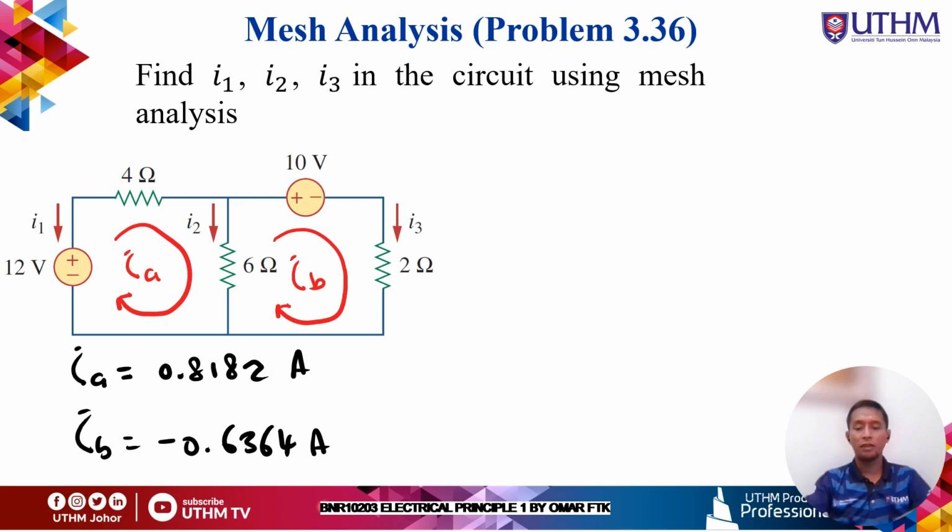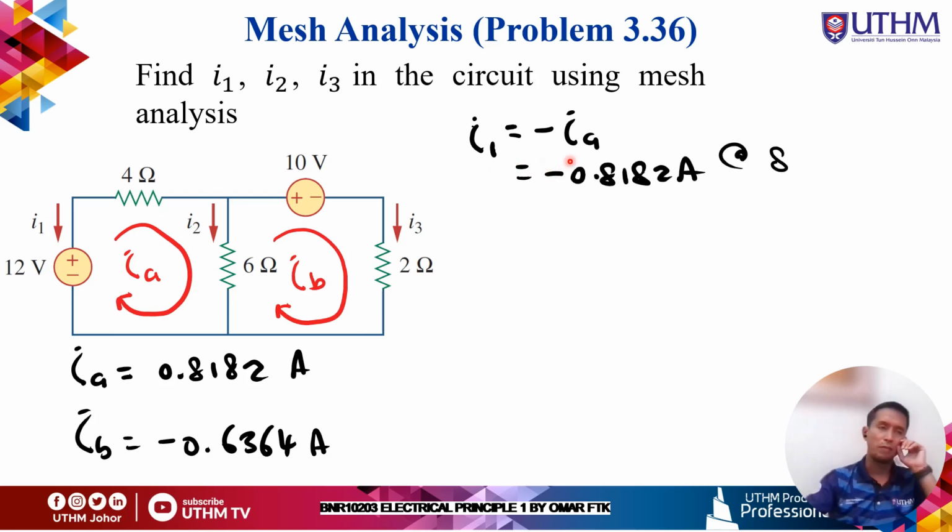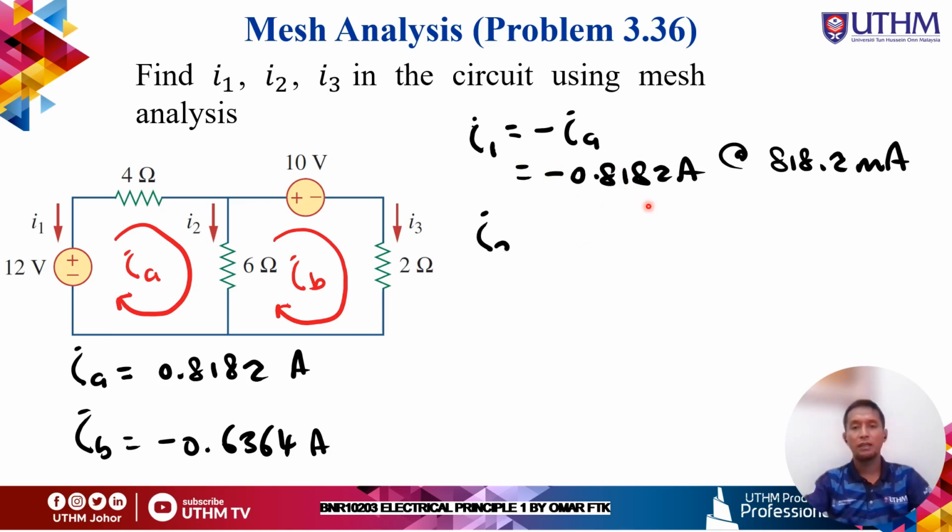Okay, so once we get IA and IB, we can just get the relation between I1, I2, I3 to the IA and IB. So I1 will be equal to minus IA, which is minus 0.8182. Right? And then I2 is equal to IA minus IB.